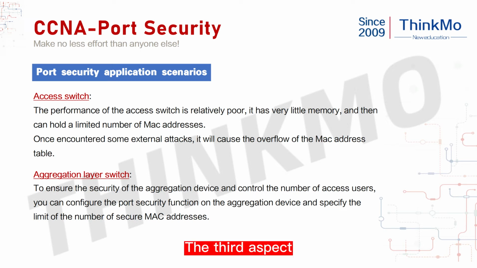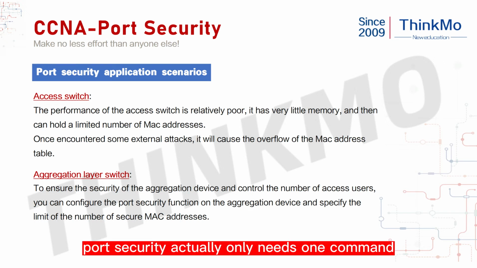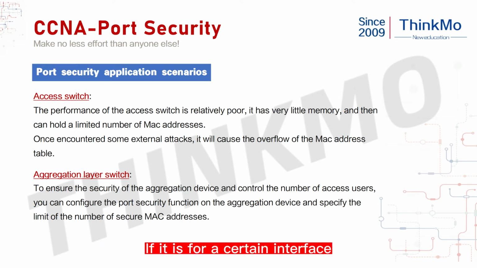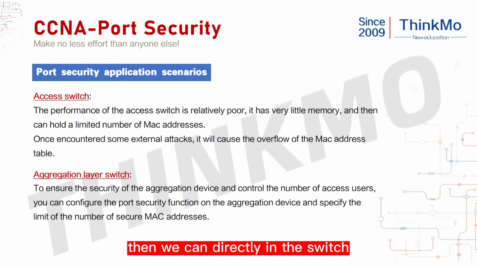The third aspect: how to implement port security. A very simple question. Port security actually only needs one command. If it is for a certain interface, we can directly enable the port security feature on the interface in the switch.